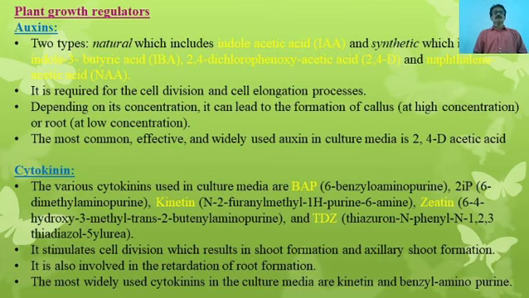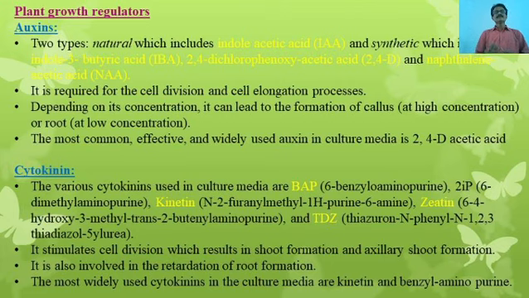As far as the cytokinins are concerned, they are used in various culture media. Mostly BAP, that is 6-benzyl aminopurine, is the most common cytokinin which has been used. Kinetin is there, then TDZ is there, which are used in the culture media.